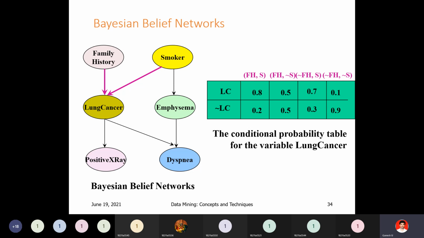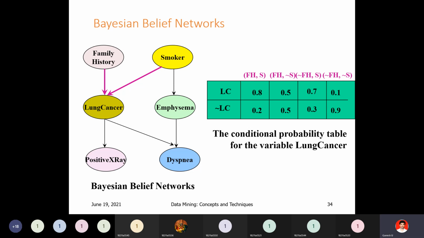Then second, you have a family history and you are not a smoker, then the probability is 0.5, and not getting it is 0.5. Next, you have no family history but you are a smoker, then the probability of getting lung cancer is 0.7. Not getting lung cancer is 0.3.